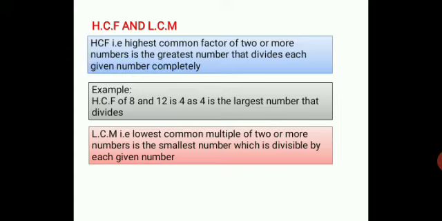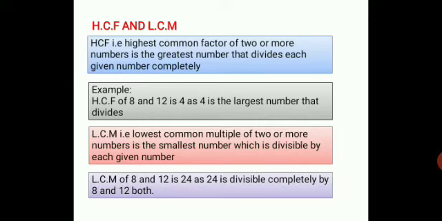Now what is LCM? LCM is the lowest common multiple of two or more numbers. LCM is the smallest number which is divisible by each given number. Okay. We'll take an example.